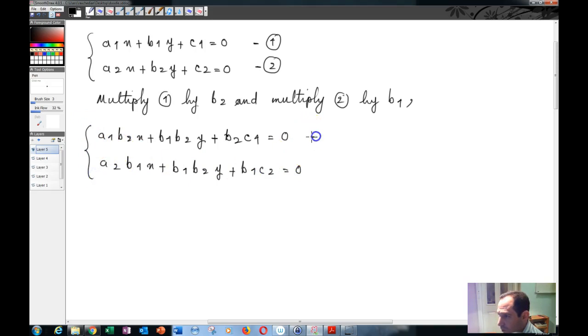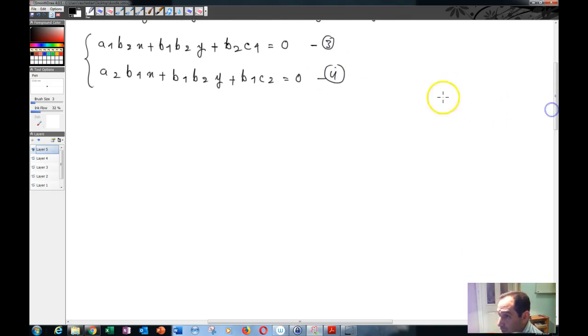And then let's call these, for example, 3 and 4. And then what you can do is, for example, subtract 4 from 3.